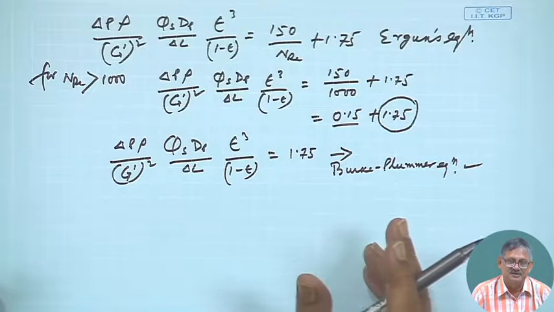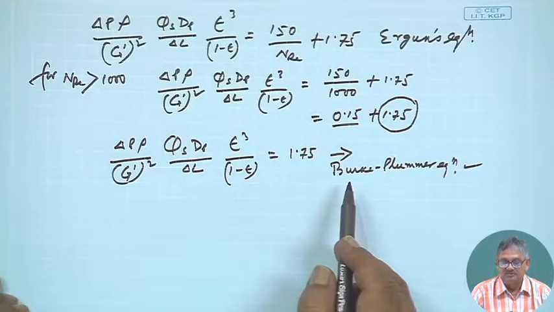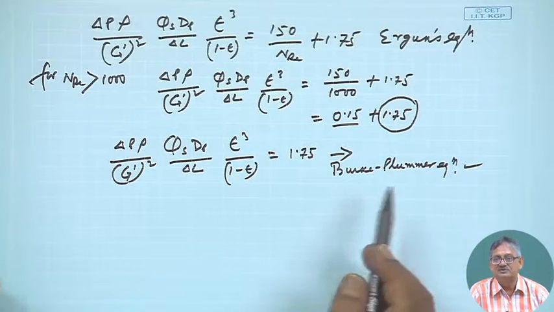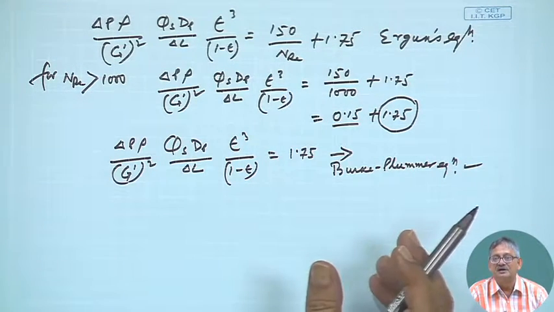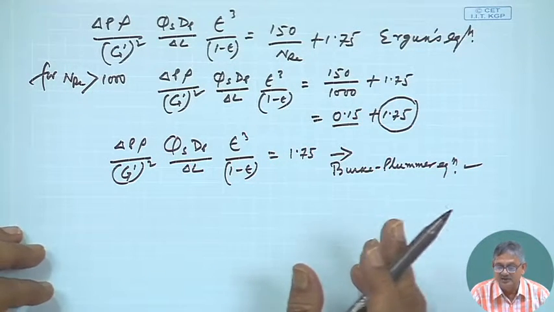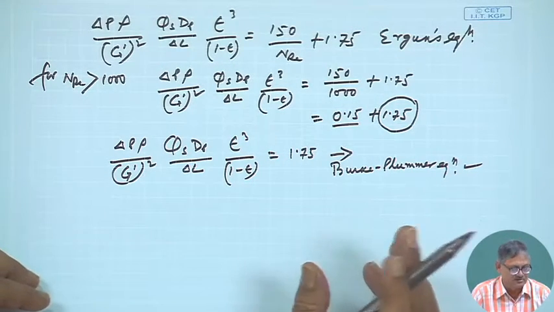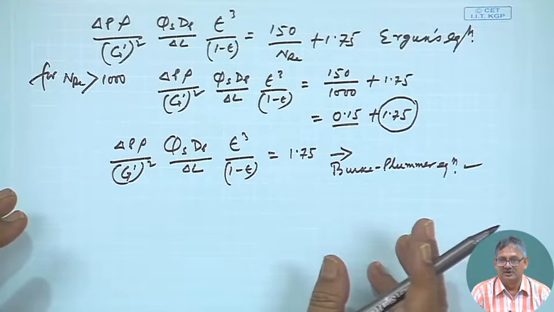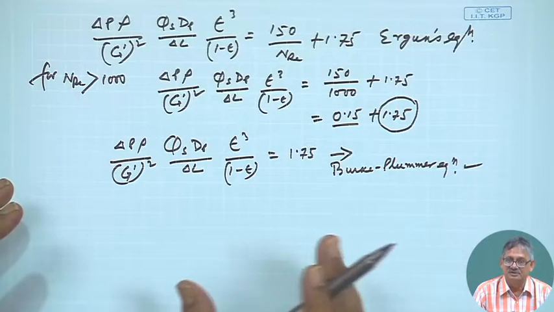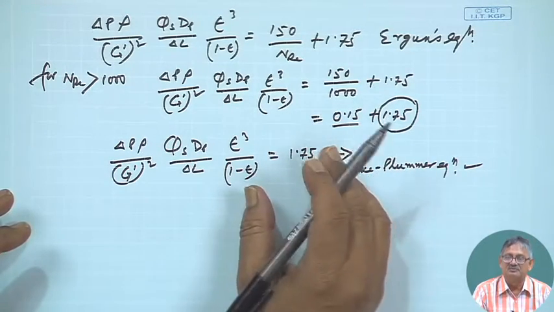This we have established. Burke-Plummer and Blake-Kozeny, these two equations in combination give us Ergun's equation, and from Ergun's equation we can also find the other ones by neglecting terms. It is one term plus another term.